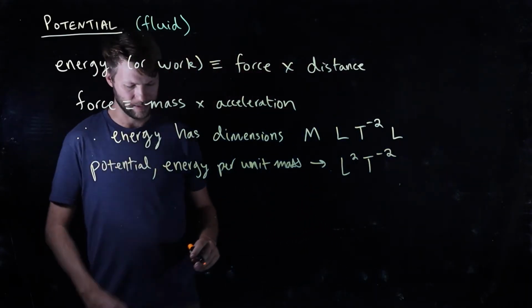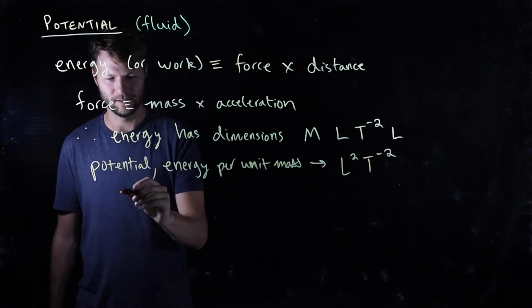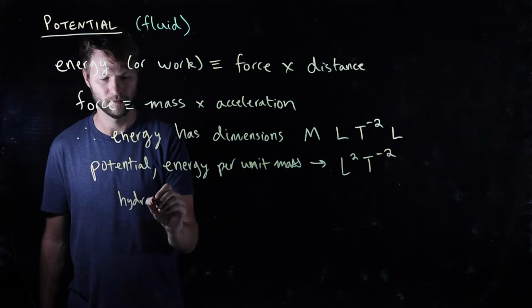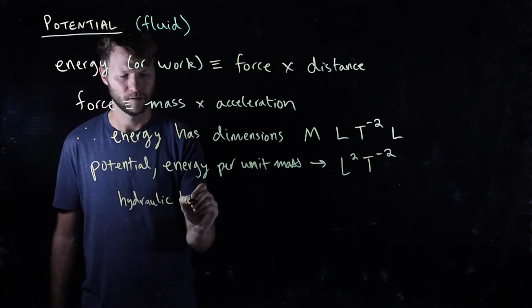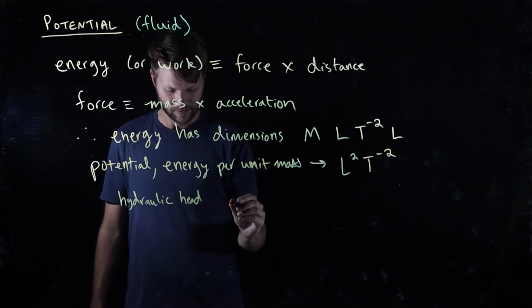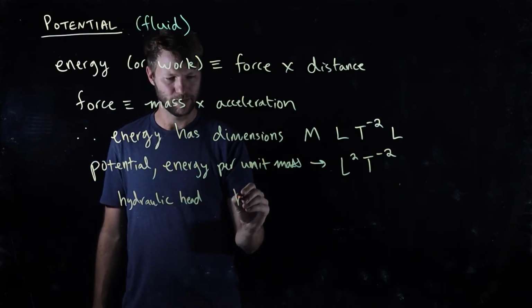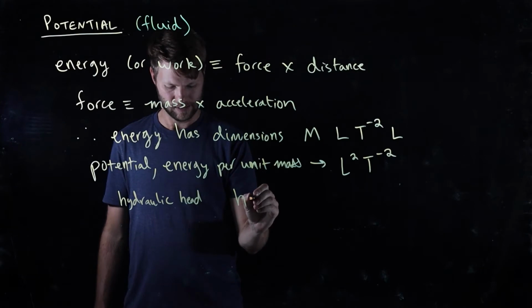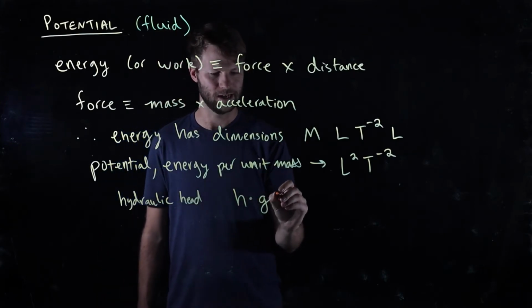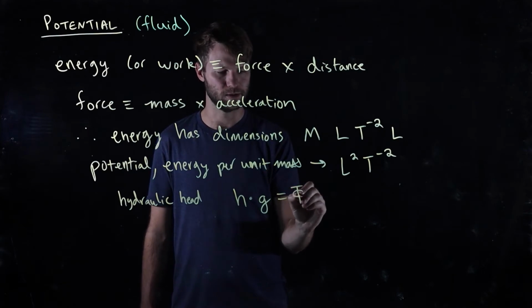Excellent. And the one other thing that we said in the last video is that this concept of hydraulic head could be interchanged with potential via the relationship H times the acceleration due to Earth's gravity is equal to the potential.